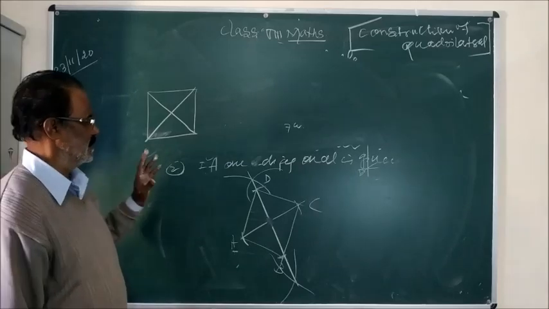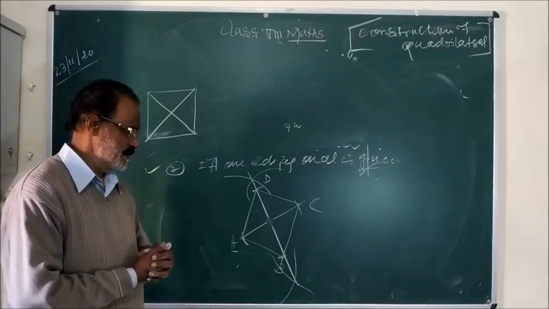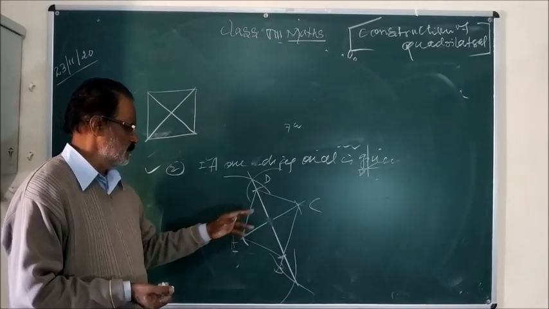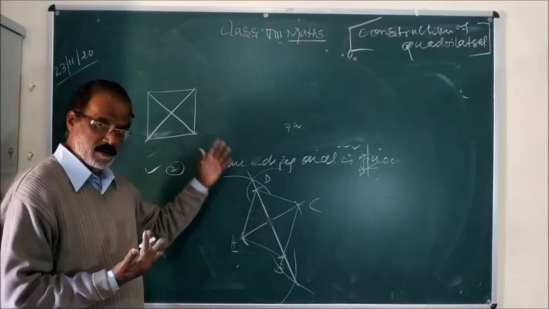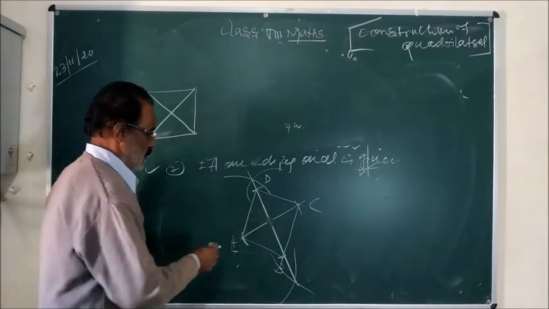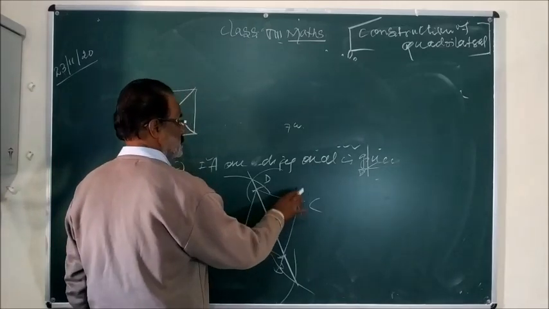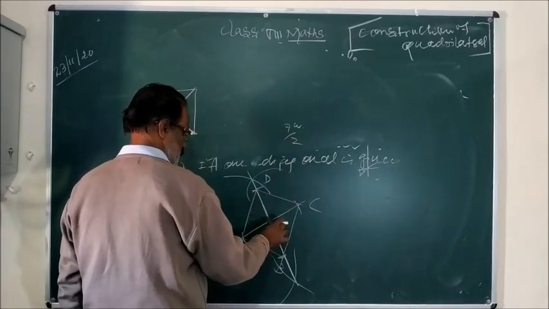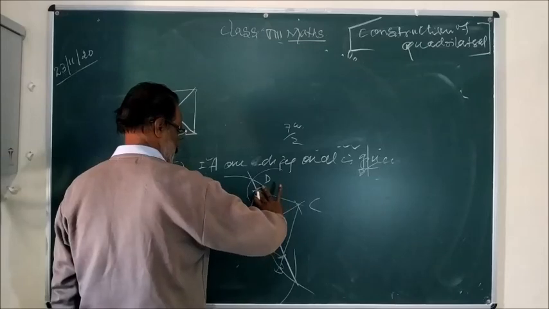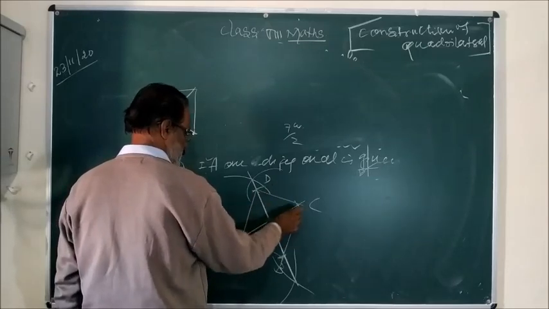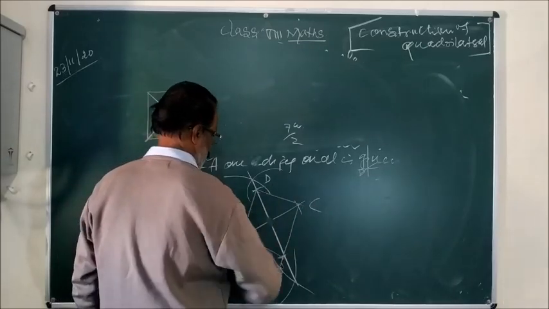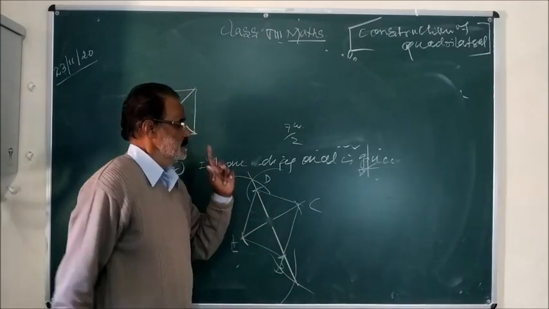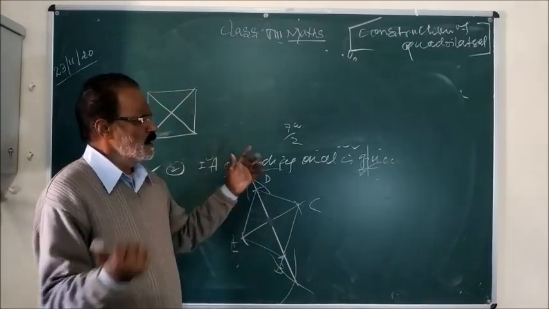Take one diagonal, draw its perpendicular bisector, and take half on this side and half on that side, 7/2. This will be 7/2, 7/2. You are getting 4 points. You join these 4 points, you will get the required square.